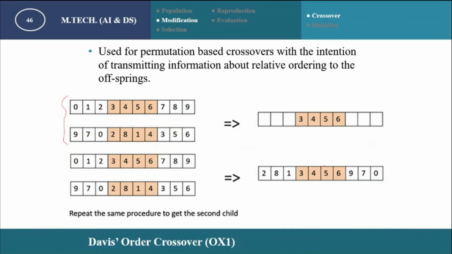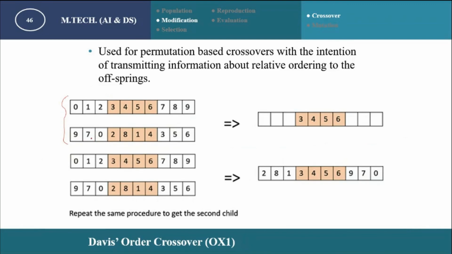So from this point onwards we start inserting those values which are not present in the fixed elements, and the order in which they are inserted is the order in which they appear in the second chromosome. That is why it is known as the order 1 crossover.